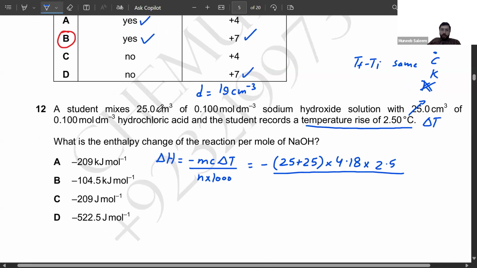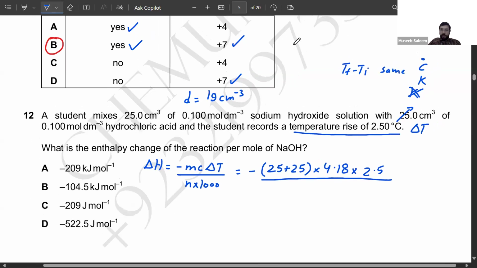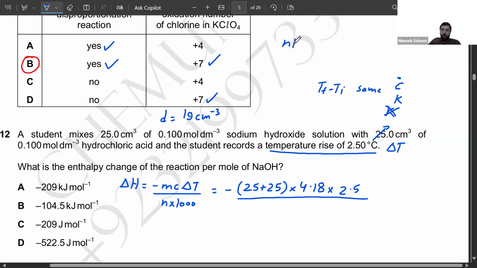So moles have to be calculated. We are provided equal volume and equal concentration for both HCl and NaOH. That means the number of moles will remain the same. The number of moles of HCl will be equal to the number of moles of NaOH. None of them is limiting or in excess. So it will be CV over 1000, that is equal to 0.1 into 25 divided by 1000.